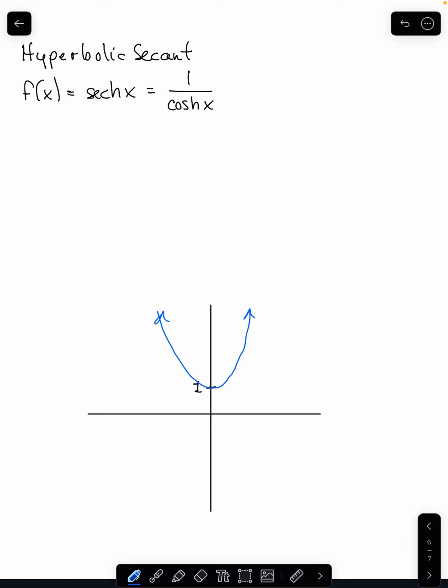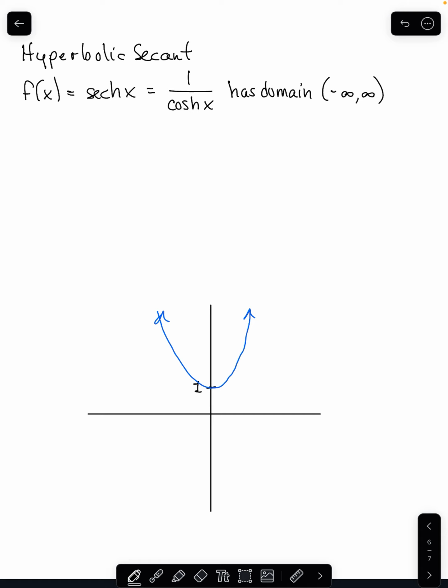So it never actually reaches 0. That's a good thing. That means that there are no places where we have to worry about the domain of hyperbolic secant. Since hyperbolic cosine is defined for all real numbers, and it's never actually equal to 0, we never have to worry about hyperbolic secant ever being undefined.